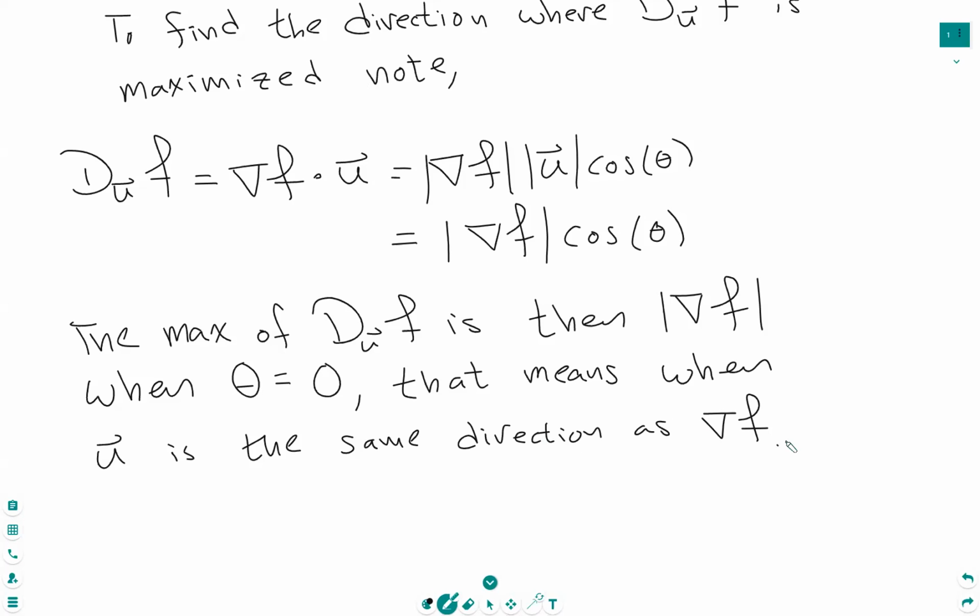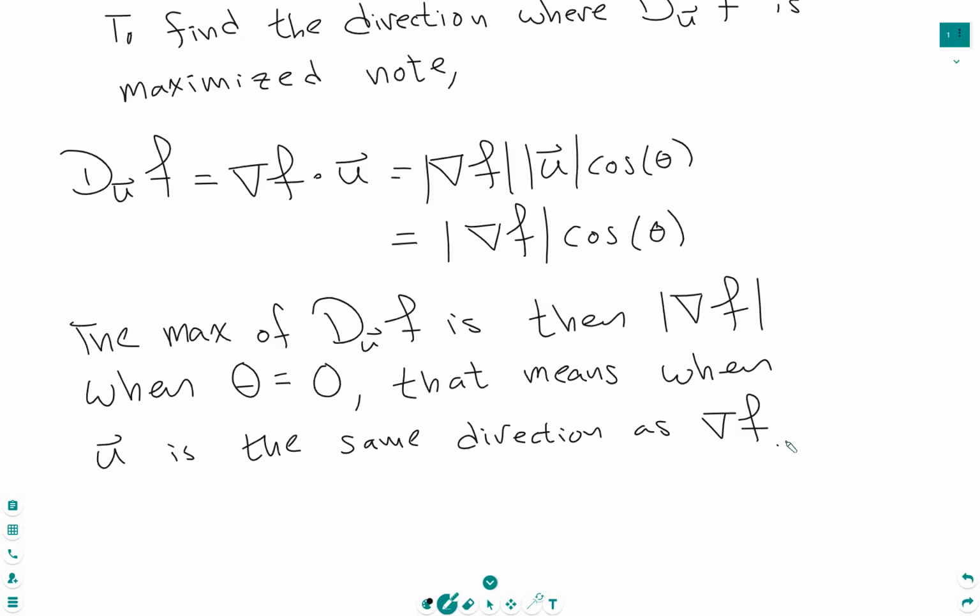Now, vice versa, imagine that you wanted to go in the direction that has the most negative slope. If you wanted to minimize the derivative, where it's the largest negative number, you would want cosine to be -1, meaning that the minimum value of our directional derivative is then the negative of the magnitude of the gradient.